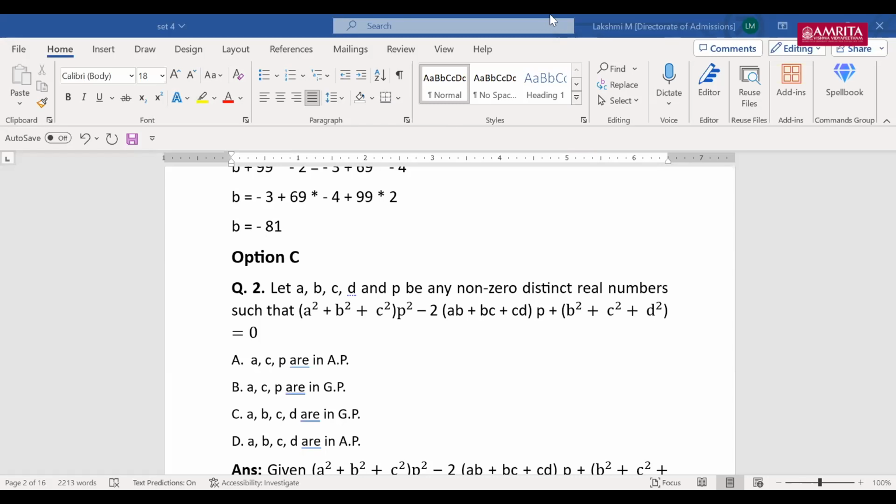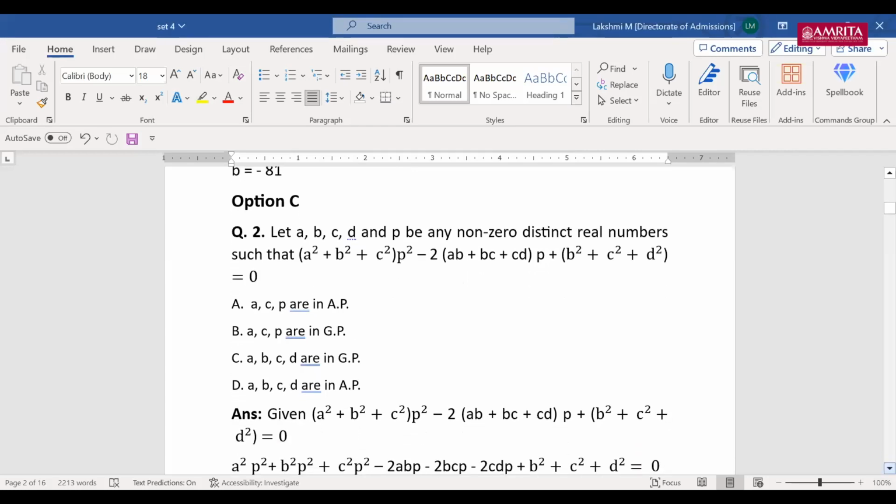Yes, there is an option B. Okay Ajay, let's see whether it's option B or not. Lata gives me option C. Without further delay, we'll just discuss the question.